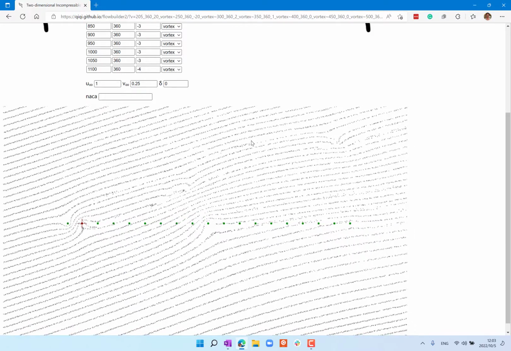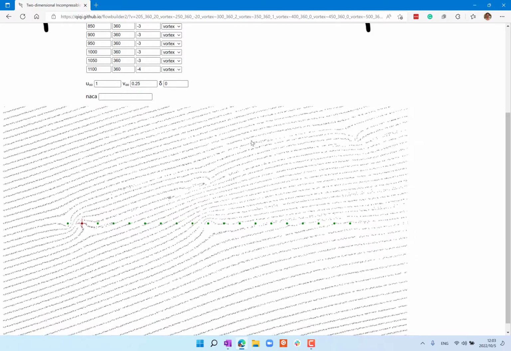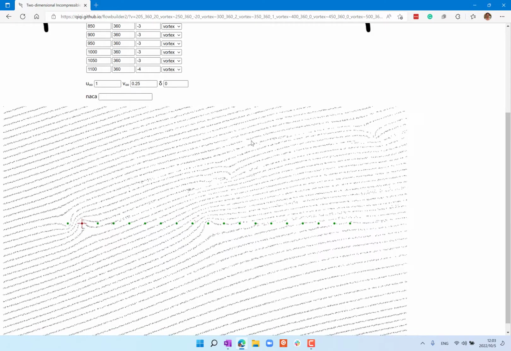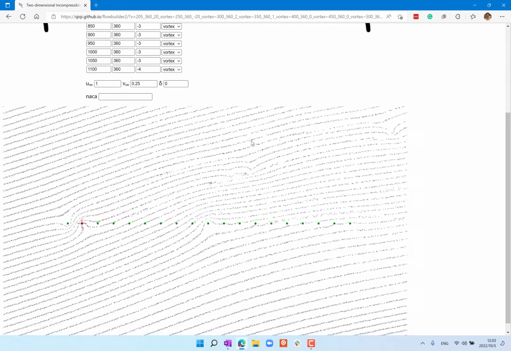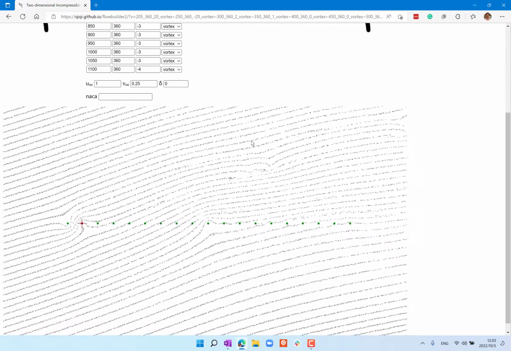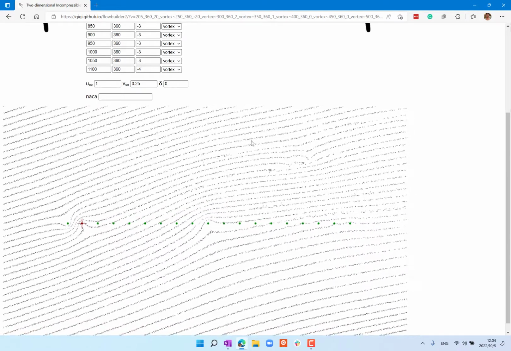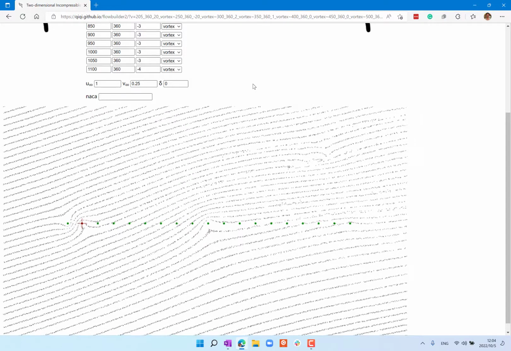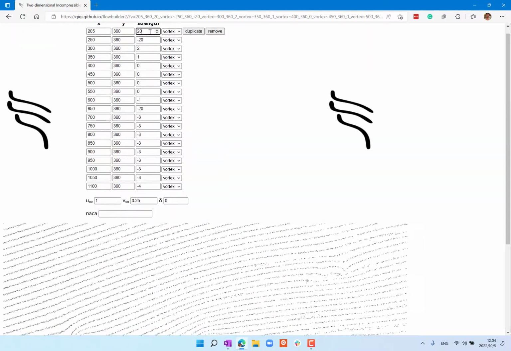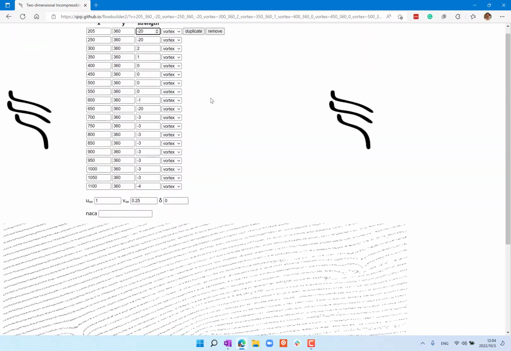Then you can see over here, the flow goes through the flat plate at even higher velocity, so that doesn't work. To fix that, the thing to change is this vortex. You want this vortex to counter the effect of the other vortex and remove the flow. So I want to make this also minus 20.